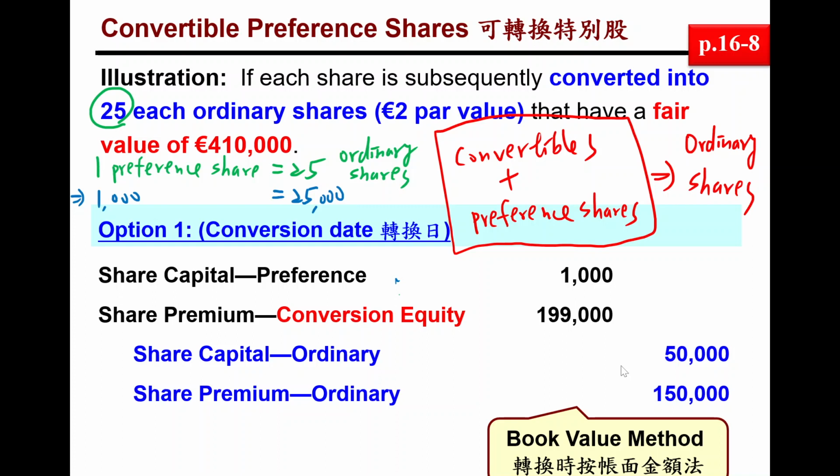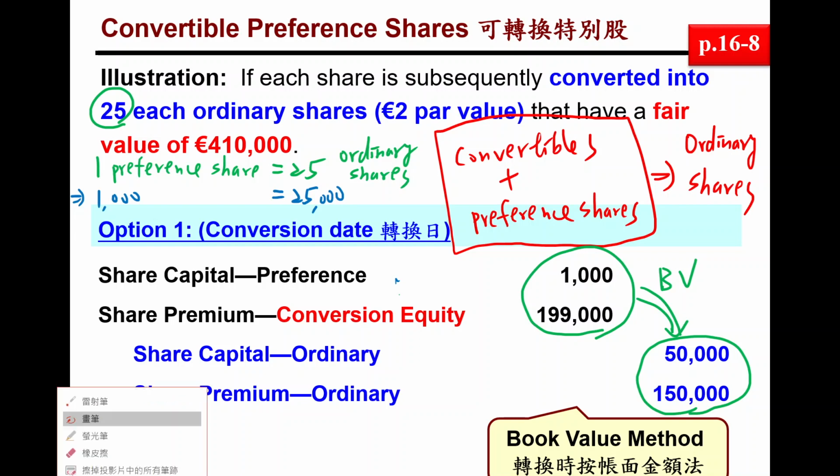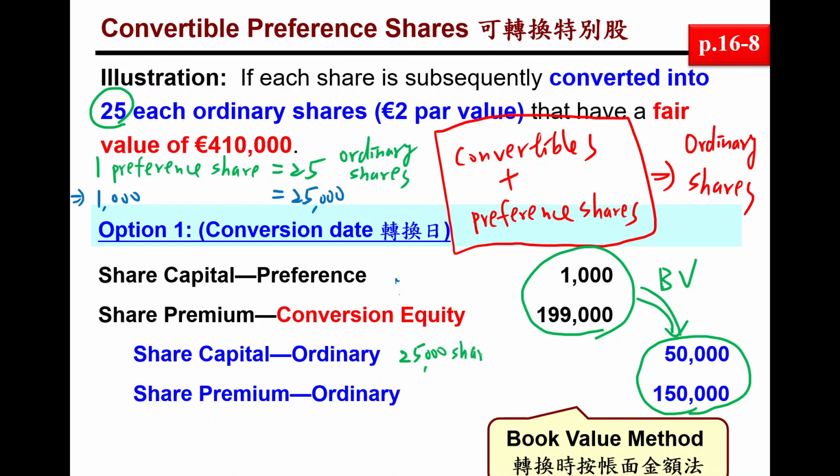Converting preference shares into ordinary shares uses the book value method. So what does the book value method mean? Book values are converted into ordinary shares. Preference shareholders become ordinary shareholders. How about share capital? We have 25,000 shares, each with par value $2.